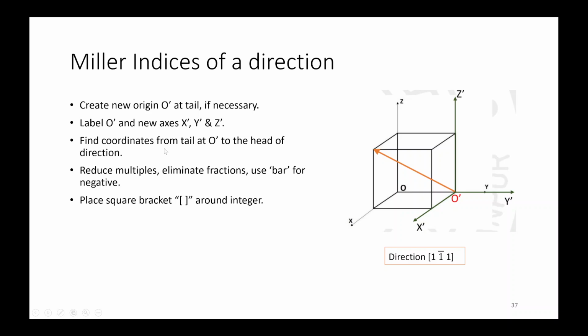So we'll be finding coordinates from the tail at O dash to the head of the direction, and we'll be reducing multiples, eliminating fractions similar to previous, and we'll be using a bar for negative, and we'll be using square brackets here. So like this direction is moving 1 in the x dash direction, in the y direction it is moving in the opposite direction, so it will be minus, and in the z direction it is moving positive, so it will be 1, minus 1 and 1.